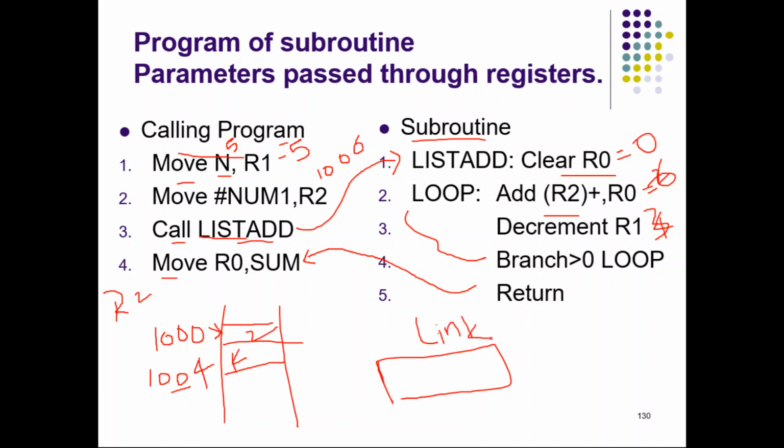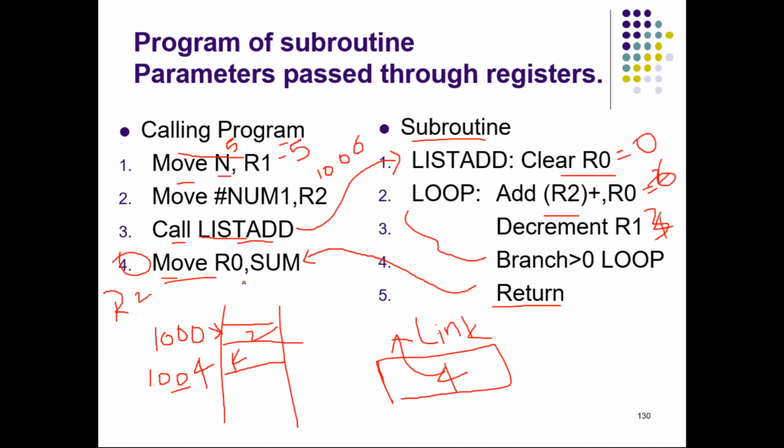Say the move instruction address is 4, then 4 will be pushed into the link register, for simplicity. Similarly, in the subroutine, whenever you execute the return instruction, the content in the link register will be popped out, 4, and from that location onwards the execution will continue.